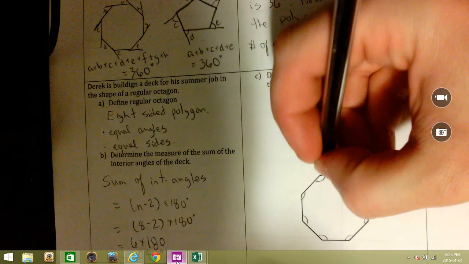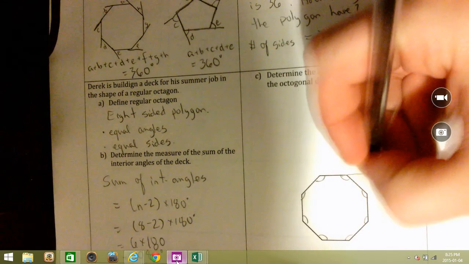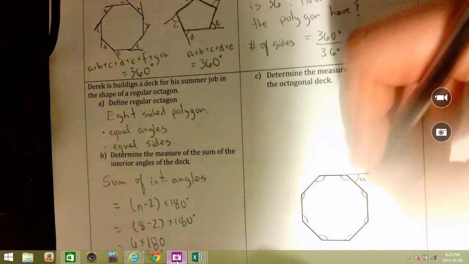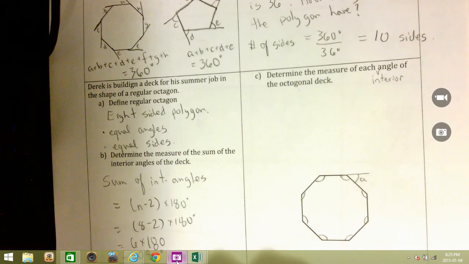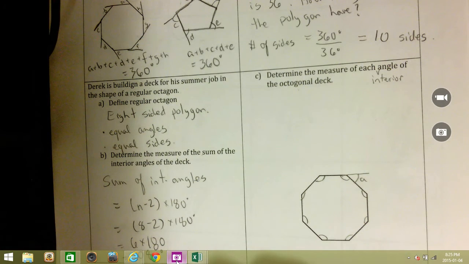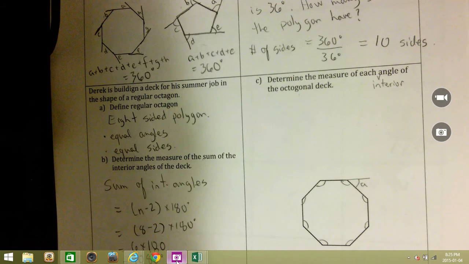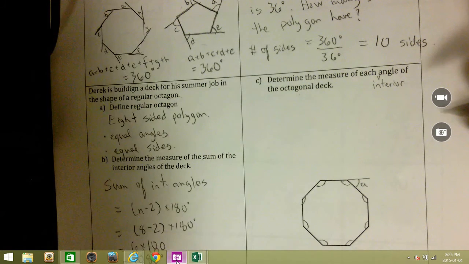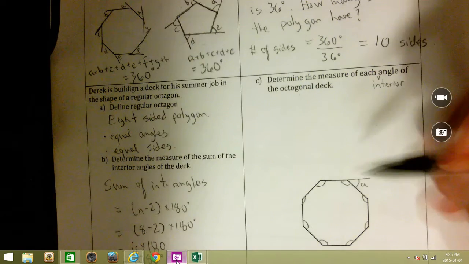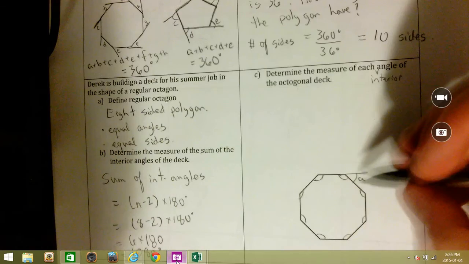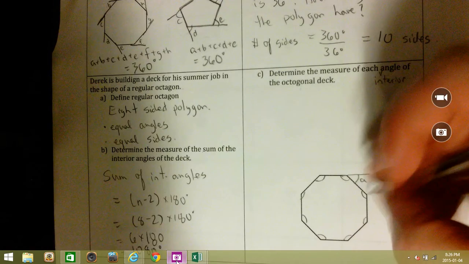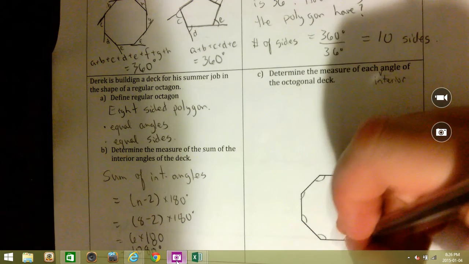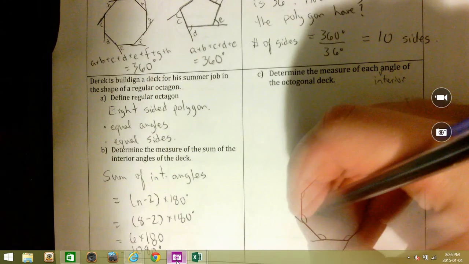What we've got to do, first of all, is find this exterior angle here, and let's call that A. There's two ways we can do this. I'm going to show you the first way, using the exterior angles. Well, I know that if I add up all of my exterior angles, that has to equal 360.